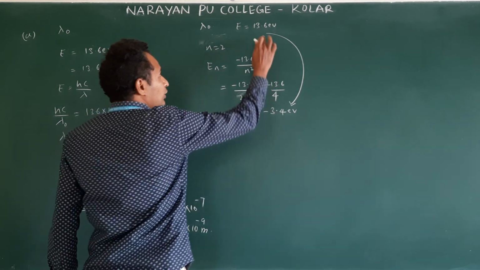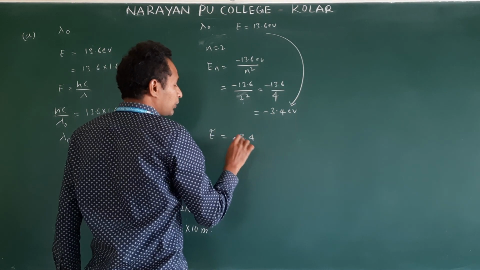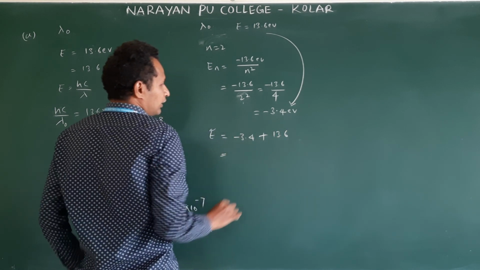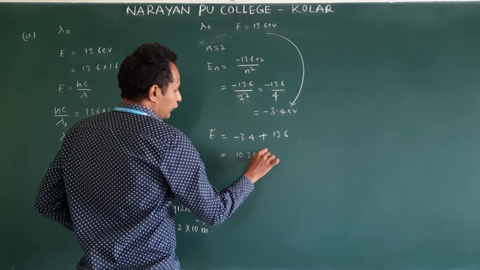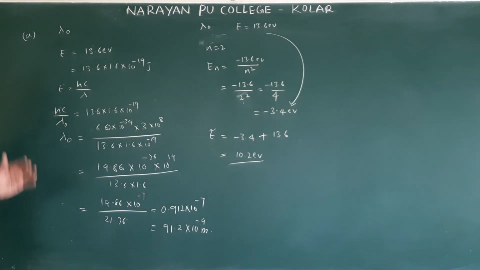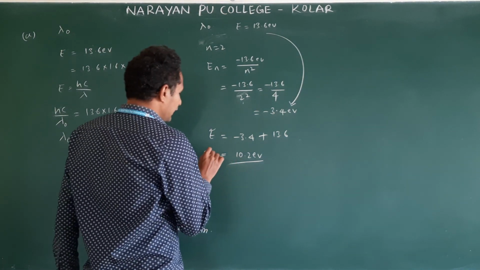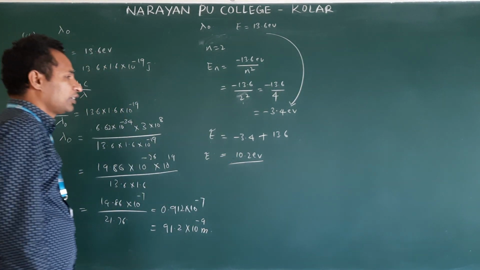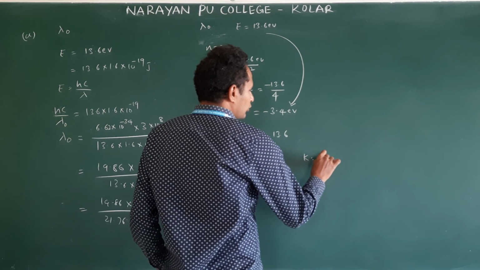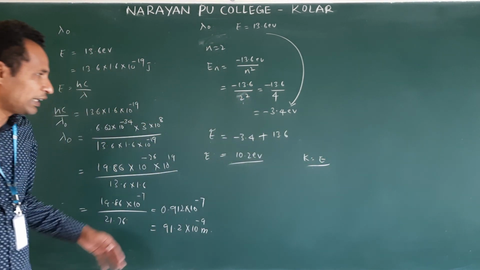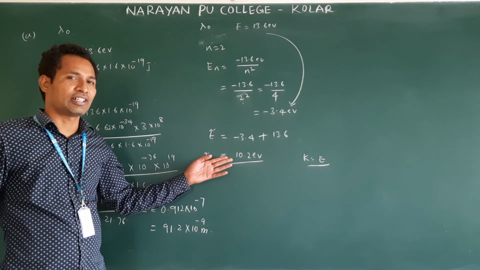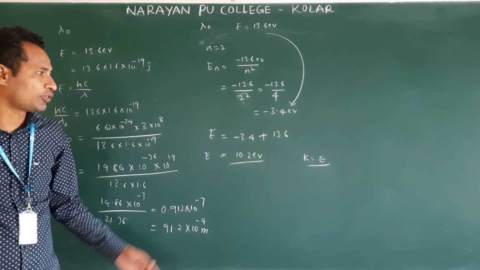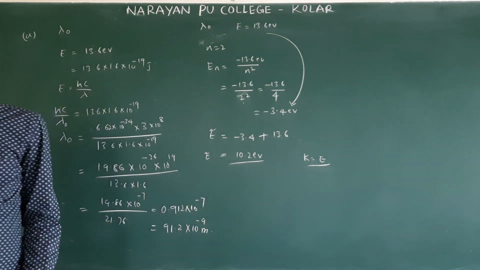As soon as this falls, minus 3.4 plus 13.6 gives 10.2 eV. Plus or minus, it's plus. The energy of the electron now is 10.2 eV. Then what is our relation? Kinetic energy is equal to total energy. Whatever energy is with the electron will be there in the form of kinetic energy. So now the kinetic energy of the electron is 10.2 eV.